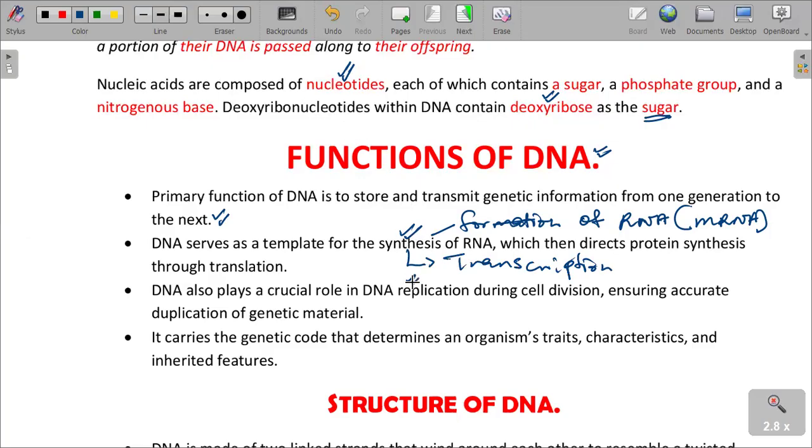The idea and the concept of DNA replication during cell division, ensuring accurate duplication of genetic material. When cell division is to take place, replication is to occur first, which is the ability of DNA to produce multiple copies of itself.